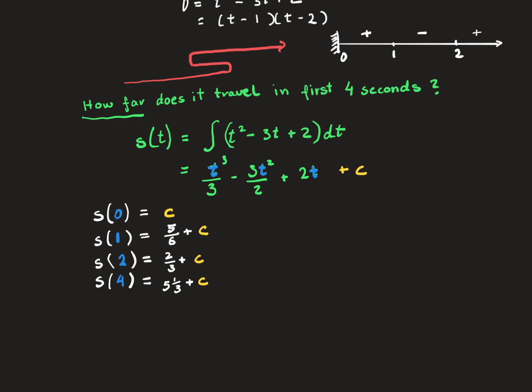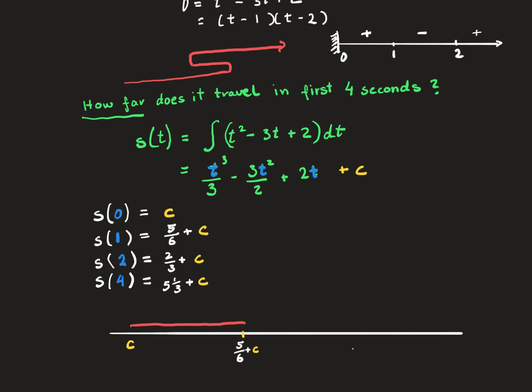So we need to now draw that motion diagram by drawing a line, and we'll start off at position c. Now here we go, moving along for 1 second only, and we get up to 5 over 6 plus c.